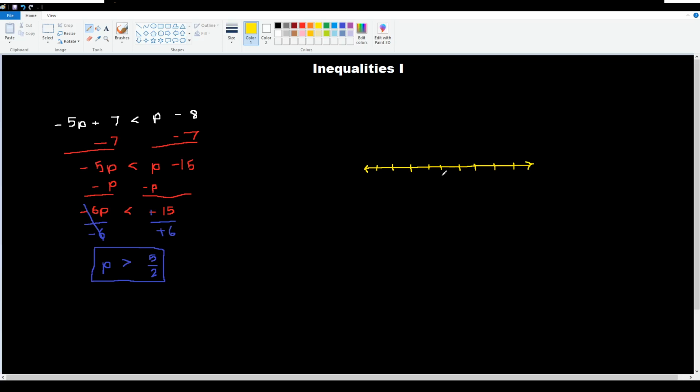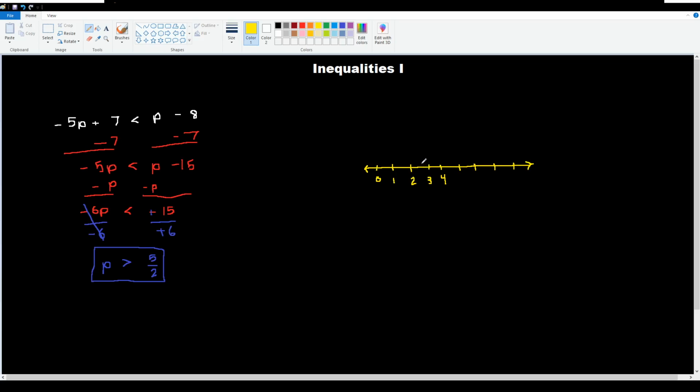So let's label our number line. I say let's start with 0, because we're not going in the negatives, right? So 0, 1, 2, 3, 4, and then it goes on and on. And we can plot a point at 2.5.